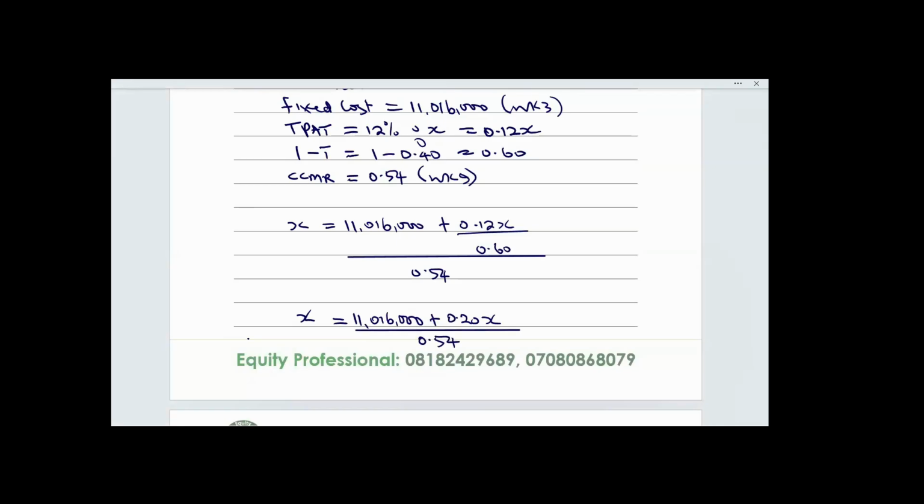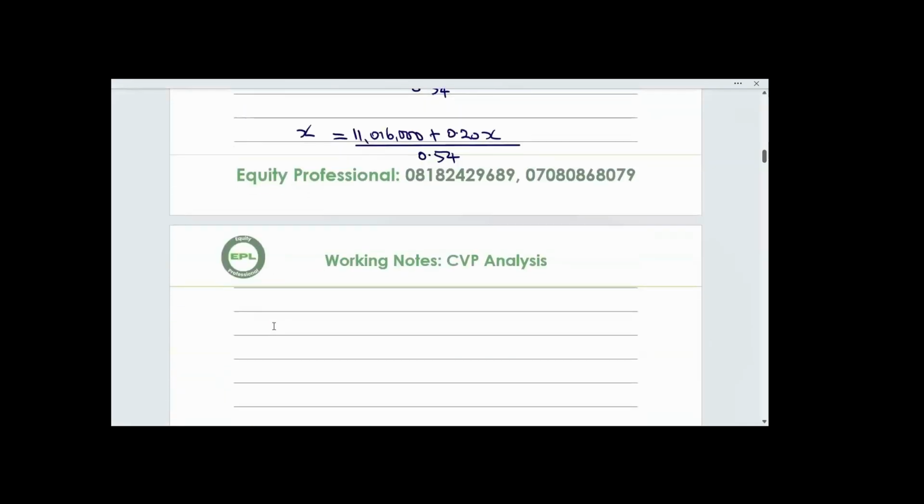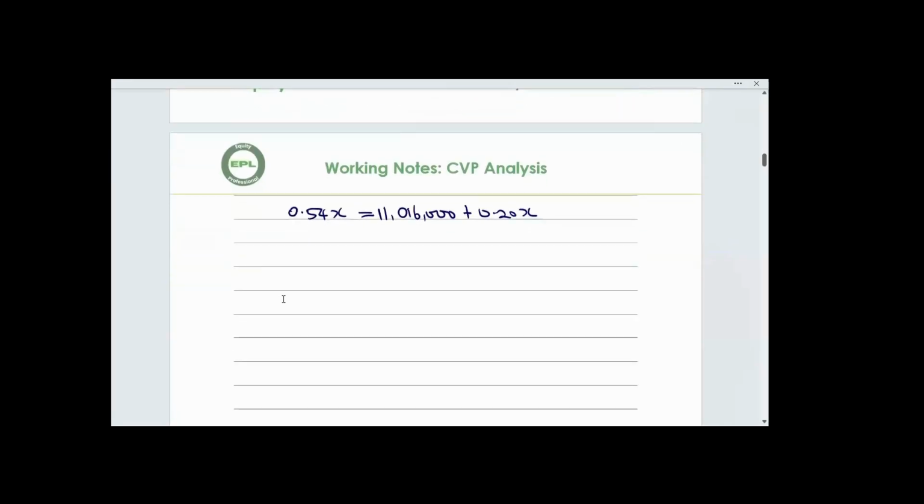then divided by 0.54. So in this, what do we do? We cross multiply. So this will be 0.54x equal to 11,016,000 plus 0.20x. Next, we need to collect like terms.